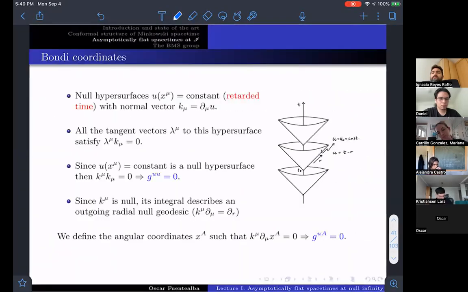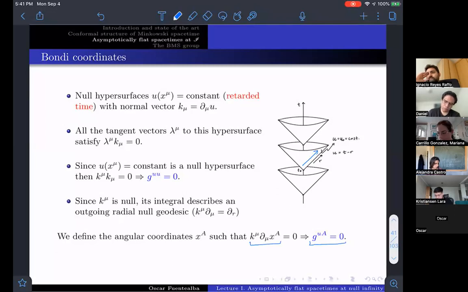Another feature of these coordinates and another requirement is that the angular coordinates are not changing along the path that is tangent to the constant cone with u constant, and this is given by this expression here, and this implies that the time angular component of the inverse metric must be equal to 0.